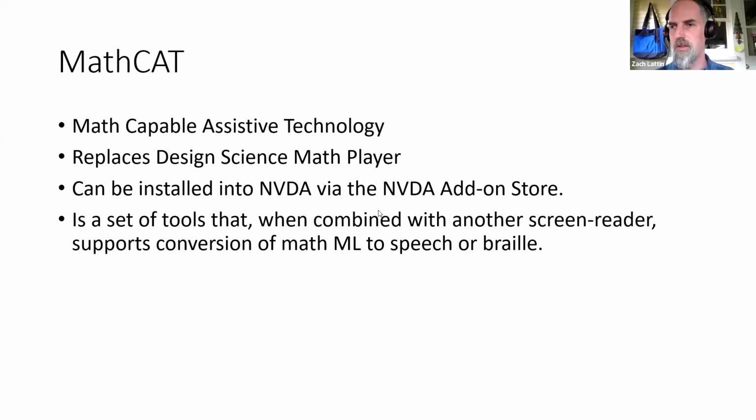He Googled content on the web and just had MathCat read it, just random content. I won't be doing that today, but it's very likely that content on the web will be readable by MathCat in 2024, which is very exciting.